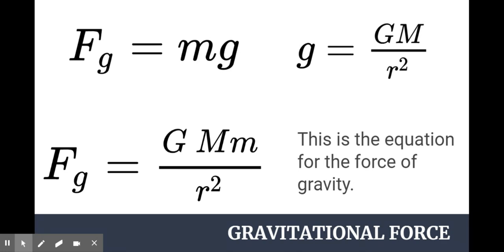Force of gravity equals the mass of an object times the acceleration due to gravity. Traditionally, we've always just used 9.81 meters per second squared, or 10 meters per second squared. However, when we start talking about large scales, large distances, large radial distances, 9.81 or 10 meters per second squared will not work. And you have to resort to our acceleration due to gravity equation.